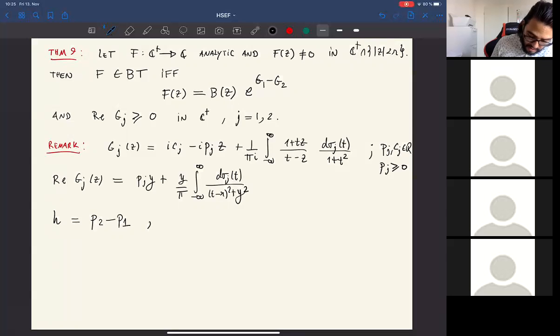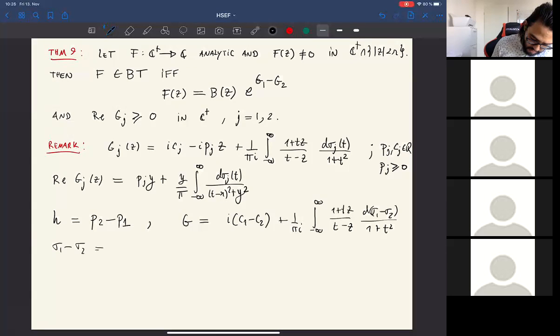And then he writes G as just the difference G1 minus G2, but without the P's. So that would be just C1 minus C2 plus 1 over pi i, and then sigma 1 minus sigma 2. And this sigma 1 minus sigma 2 is what we call mu.